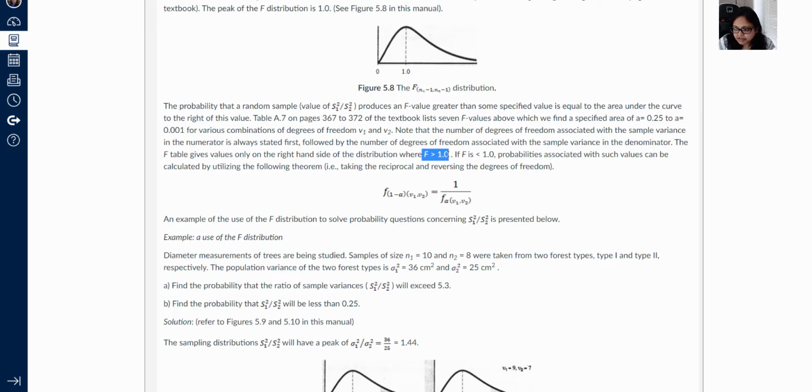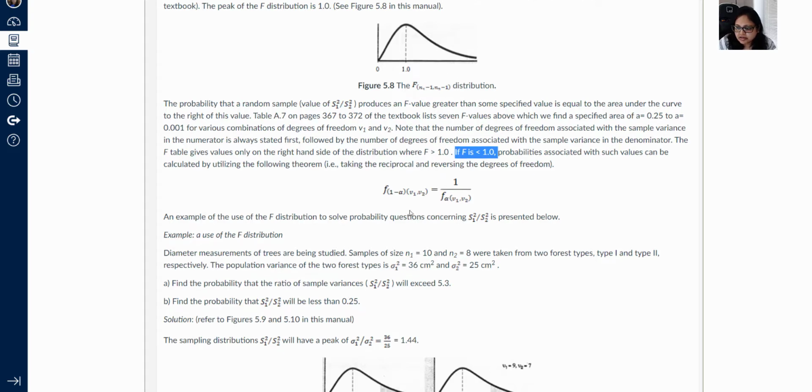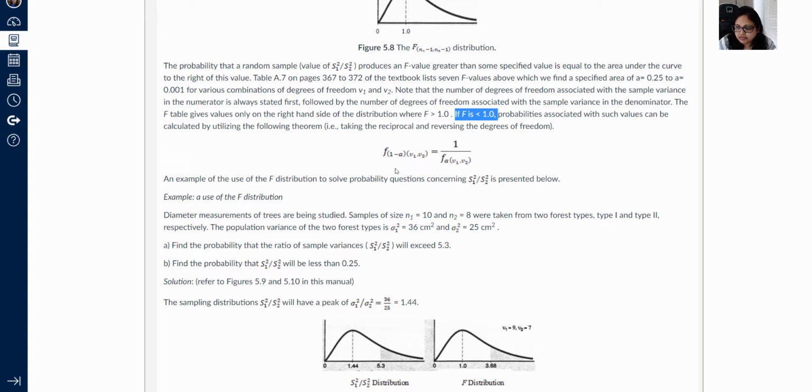But if you are finding the less-than area, it's not given in the table. We cannot just use 1 minus, because this is not bell-shaped. That's why you have to consider this equation. Say you have the numerator degrees of freedom, denominator degrees of freedom, and you already know the probability value.